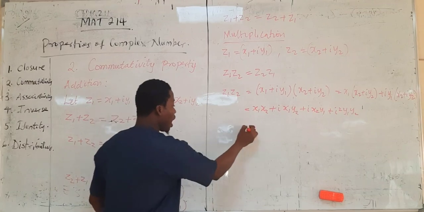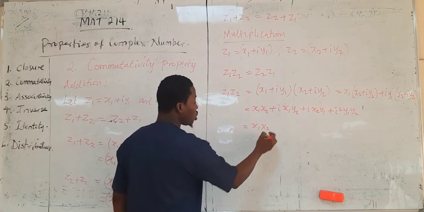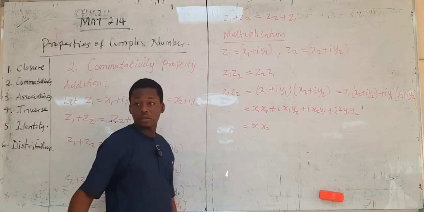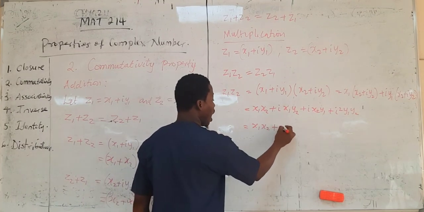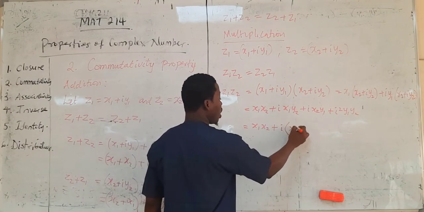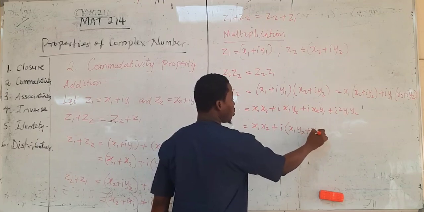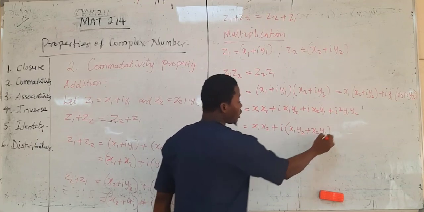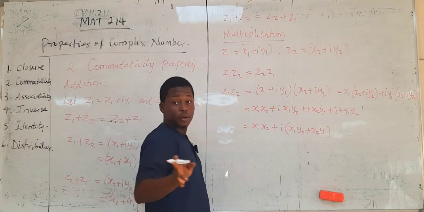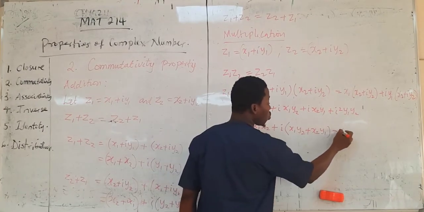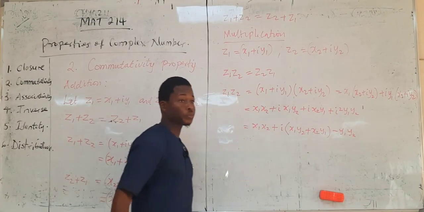So here we have that x1 x2, i is common. So plus i open bracket x1 y2 plus x2 y1. Then i squared is equal to minus 1, so we have minus y1 y2.